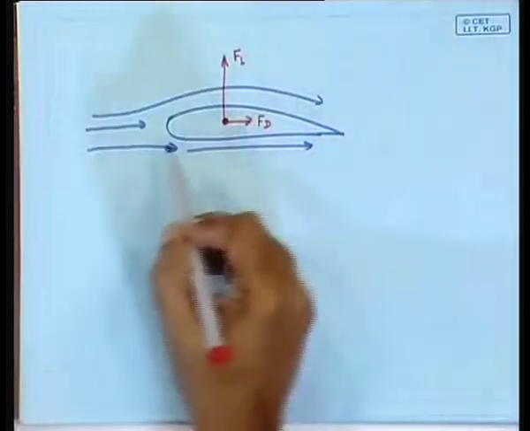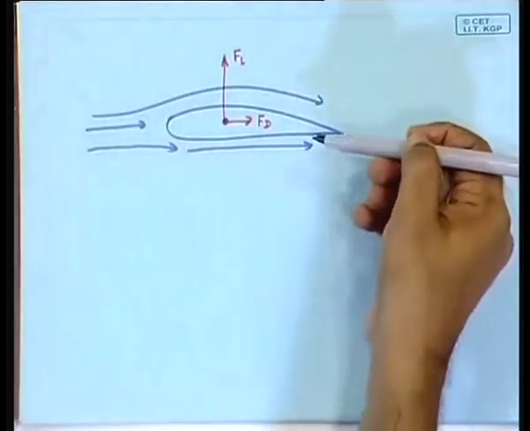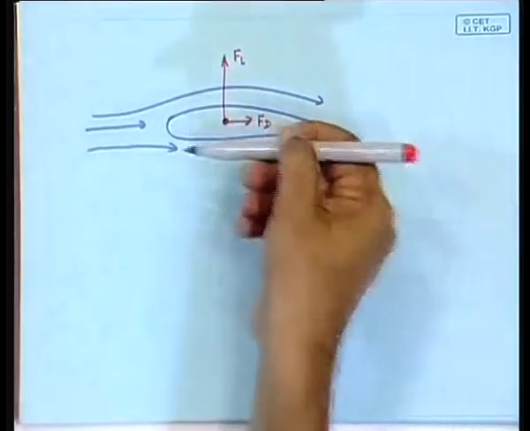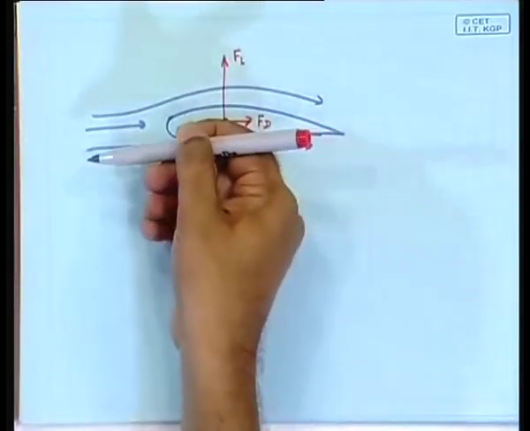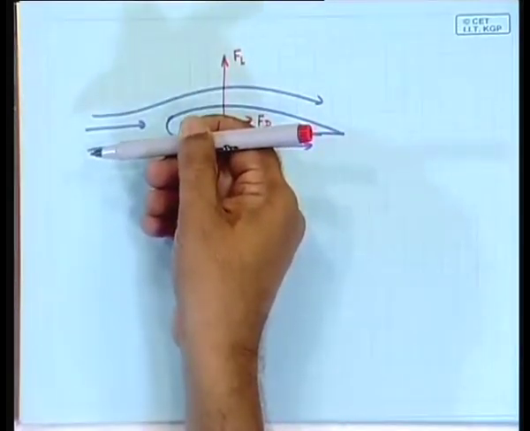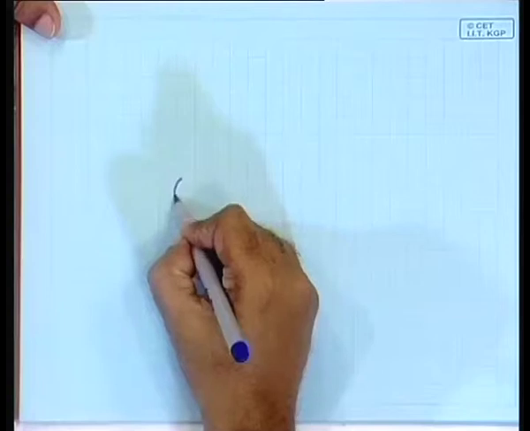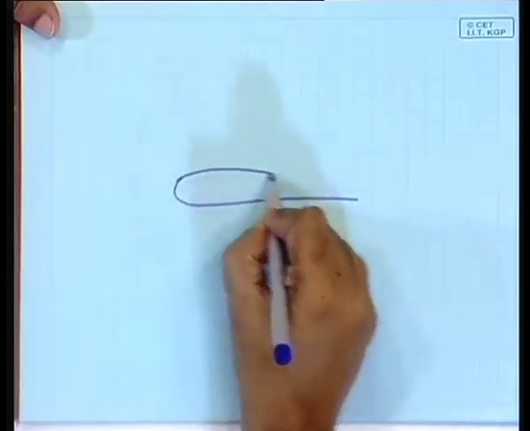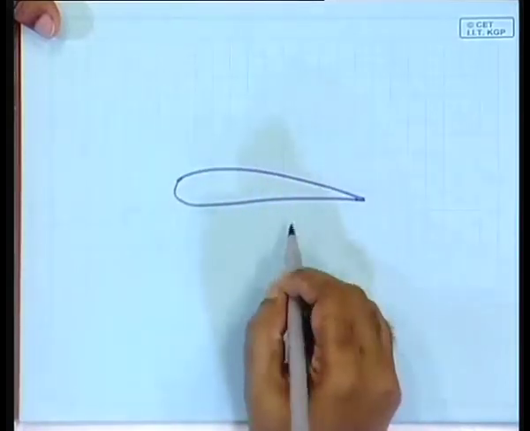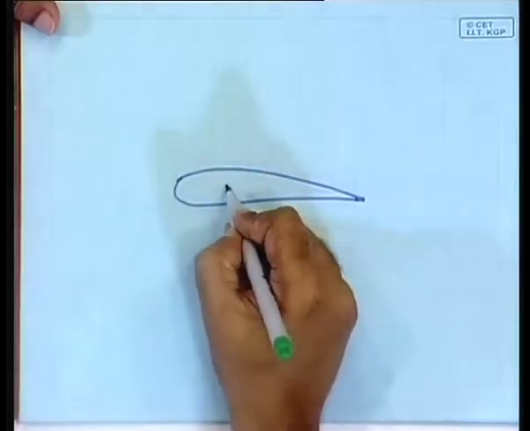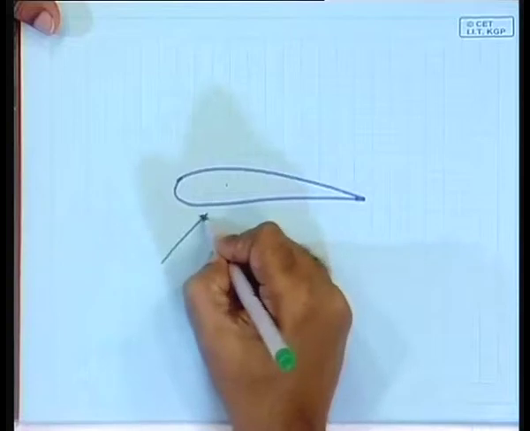But in general, here we have drawn it as if the airfoil is oriented exactly in the direction of the air, but that may not always be so. In general, you might visualize a situation something like this, that you have got the airfoil and the wind is coming from, say, this direction.